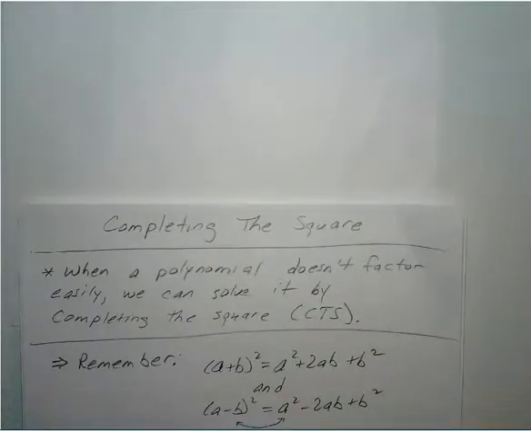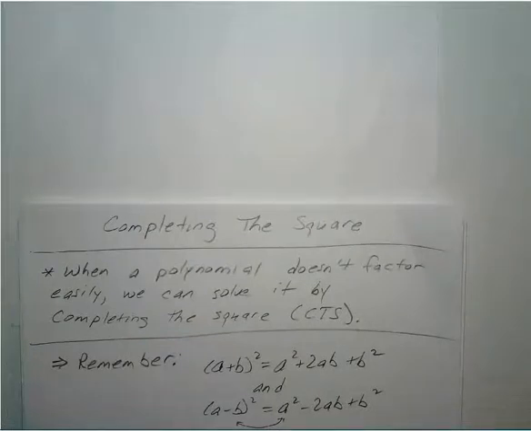Now, the principal idea behind completing the square is the perfect square trinomial, where (a plus b) squared is a squared plus 2ab plus b squared, and (a minus b) squared is a squared minus 2ab plus b squared.